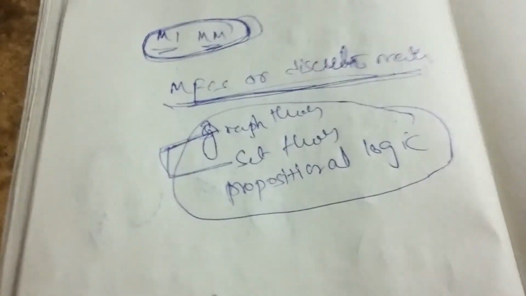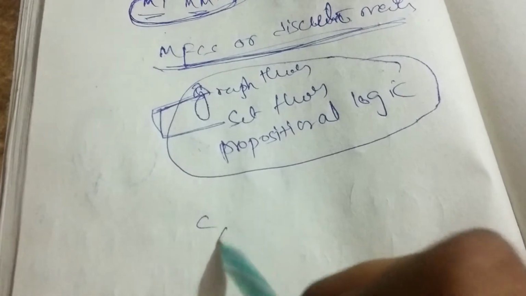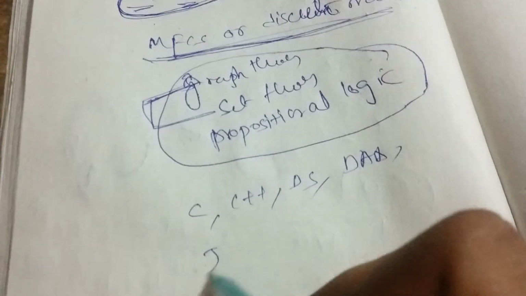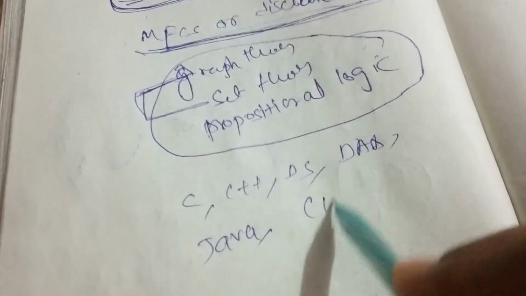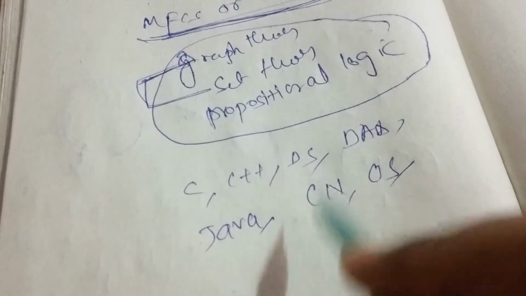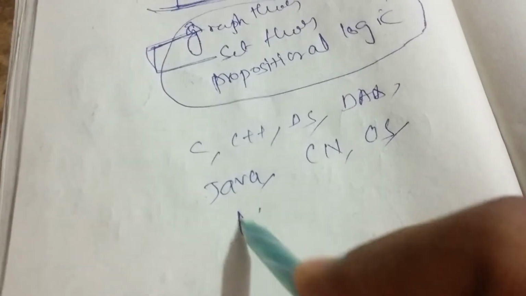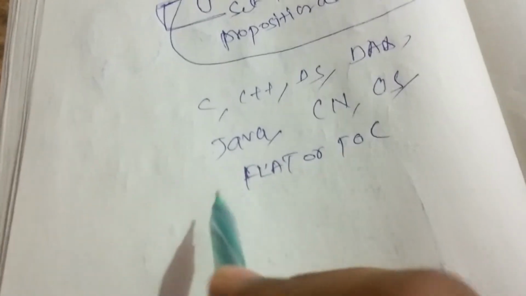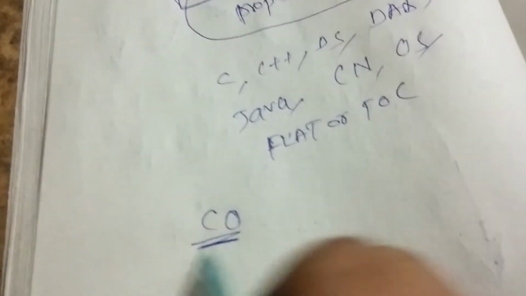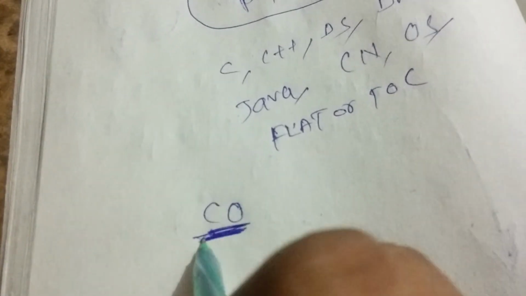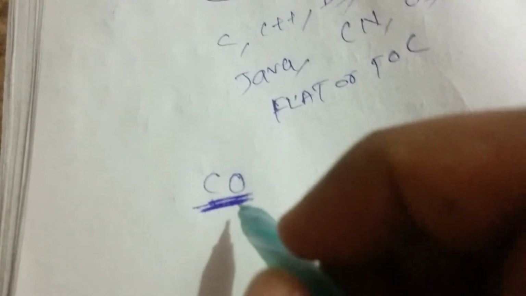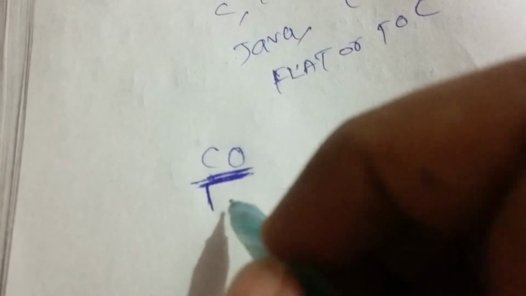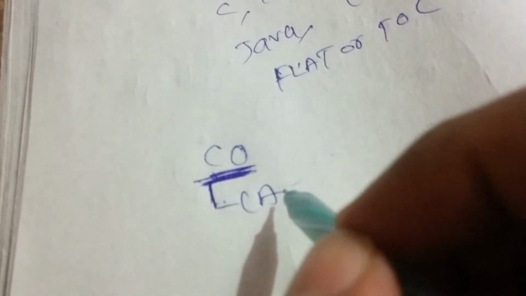We have seen almost all these subjects: C, C++, DS, DA, Java, and CN, OS, and FLAT or TOC. And about computer organization. This is one of the important subjects in computer science. The best way to learn computer organization is to know the difference between computer architecture and computer organization.